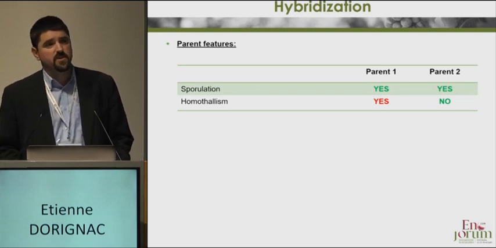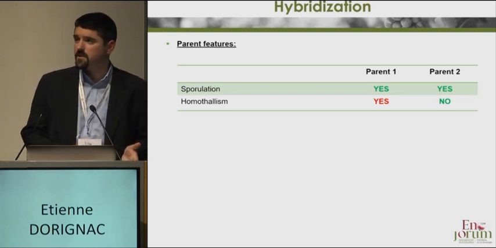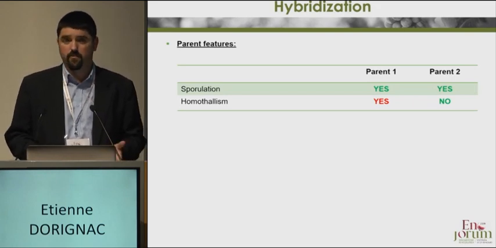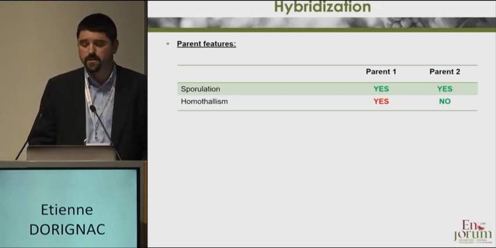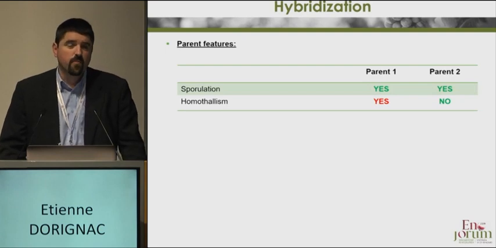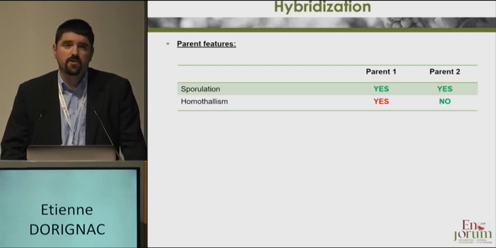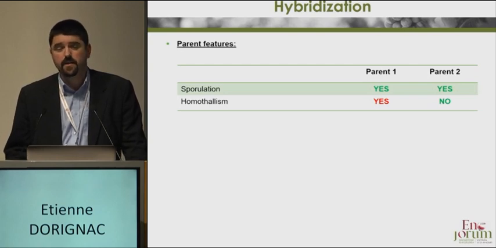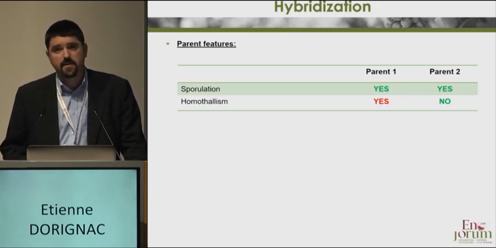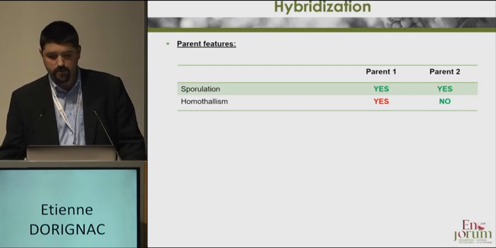And to hybridize these two strains, we have to know if they are sporulating or not. They were both sporulating, so it was okay. But one of them was homothallic, meaning that the spores that were produced change their sexual type very quickly, and it was very difficult to get hybrids from this and to have stable spores and a stable sexual type.